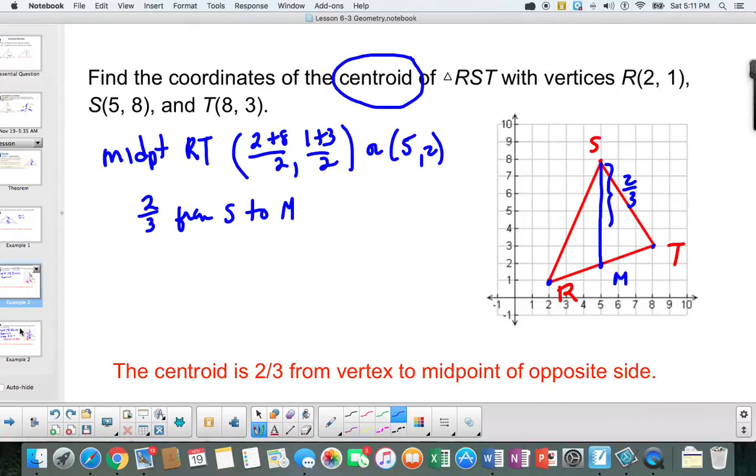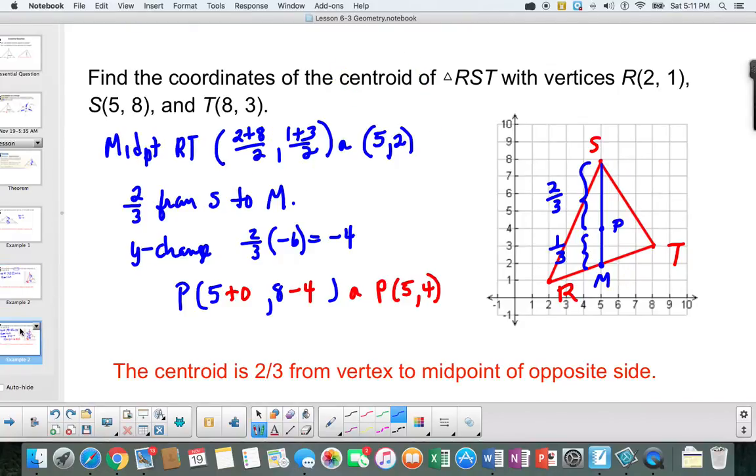Let me show you the next screen and remind you how to do that. So we want to take a look at the x change right here, and we know that we want to do 2/3 from point S to point M.